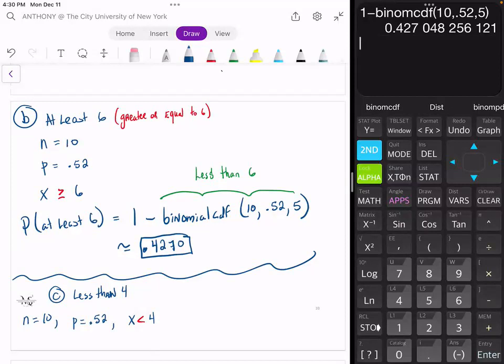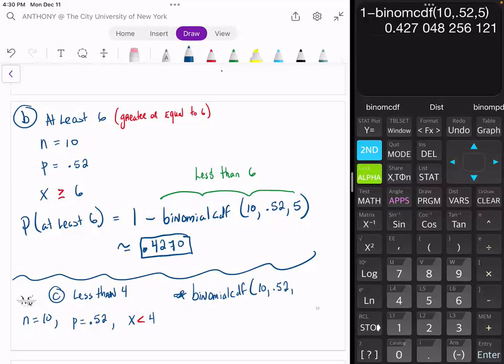With the binomial CDF command, I don't need the 1 minus because, again, we're starting this time with 0. Okay. So here, the command that we're going to have is binomial CDF of n, which is 10, the value of p, which is 0.52, but I can't use x equals 4.